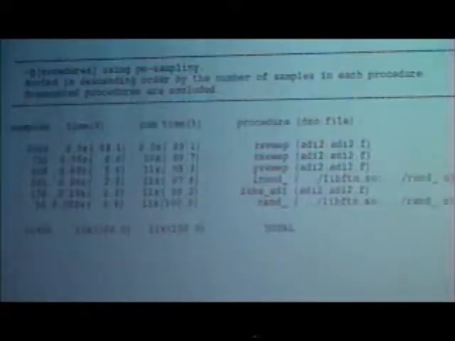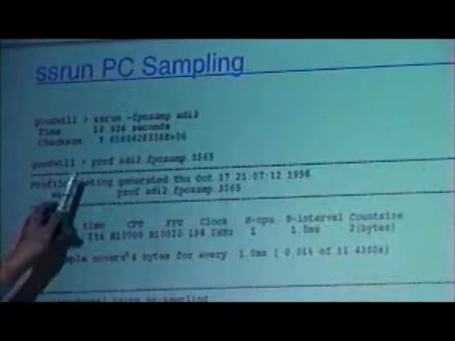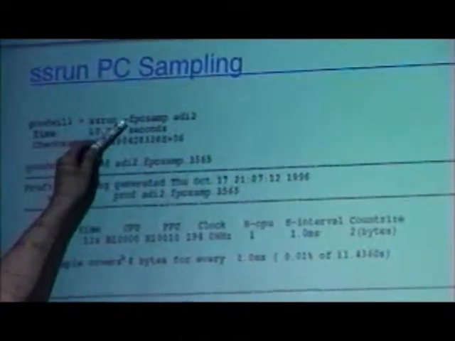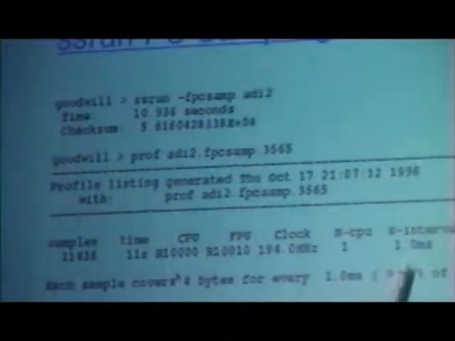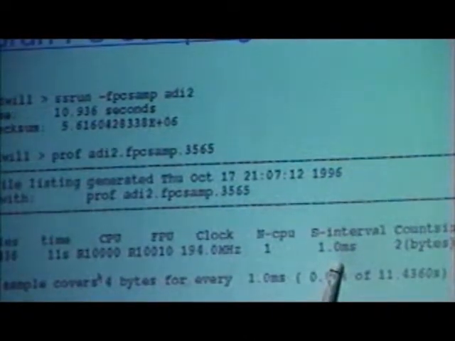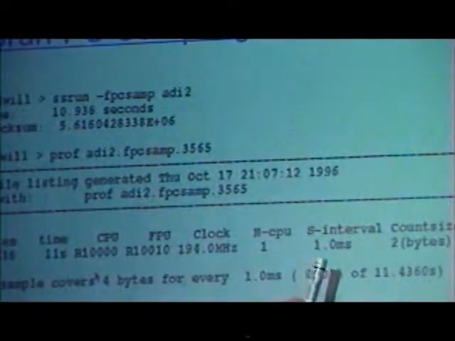So program counter sampling is a system call interface. In this example, they did ssrun, name of the experiment, with F standing for a fine program counter sampler. And in this case, they're sampling every millisecond. So every millisecond, the libraries make a call to the kernel to say, what's my profile information look like?